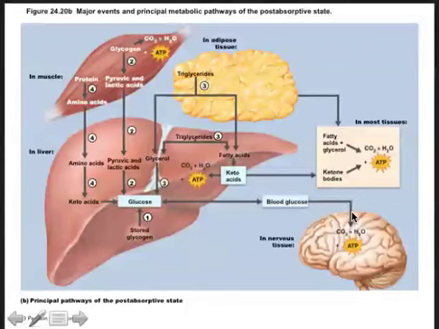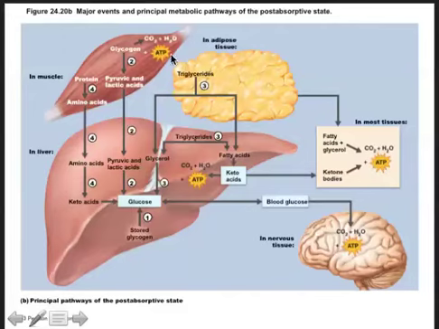It really doesn't understand any other fuel. Your fat can provide now fatty acids and glycerol. The ketone bodies can also be produced as a result of fat breakdown, and ultimately this is used in most tissues to generate large amounts of energy.